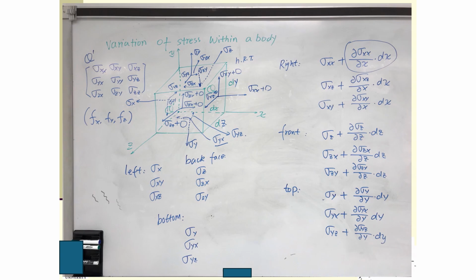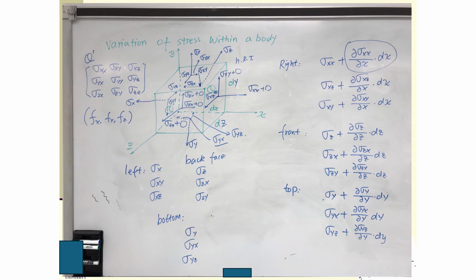Okay, and then on each of these faces, we just write this stress state. On the left side, we have sigma x, sigma xy, and sigma xz. On the back face, we have sigma z and sigma zx and sigma zy. On the bottom here, we have sigma y and sigma yx and sigma yz.